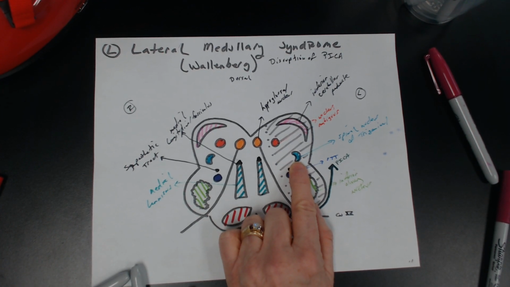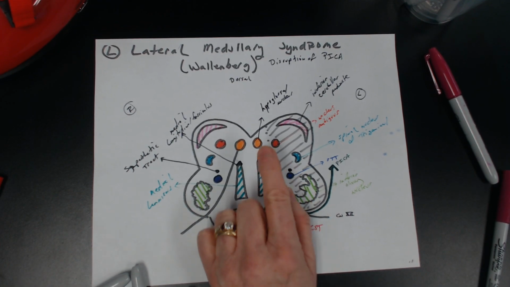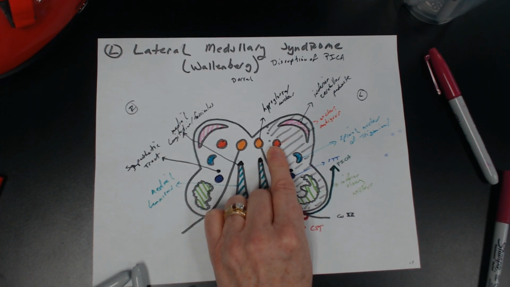How will that patient present? Sensory to the face, no matter what cranial nerve it's coming from. All sensory to the face is going to be affected. Nucleus ambiguus is affected, the motor nucleus for 9 and 10. How will that patient present? Difficulty swallowing and might have a hoarse voice.